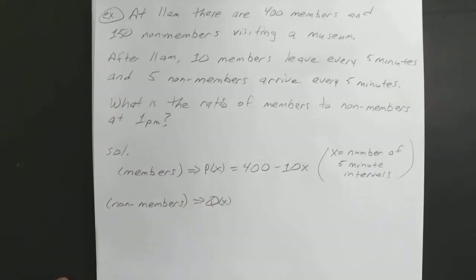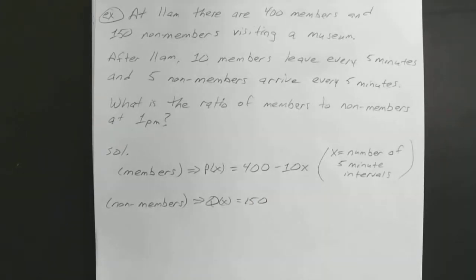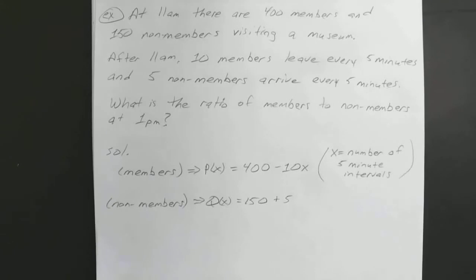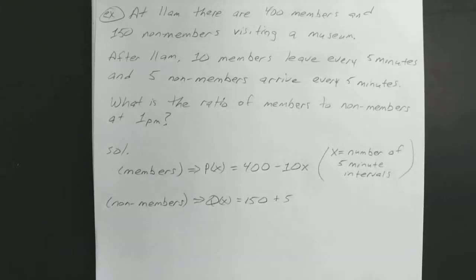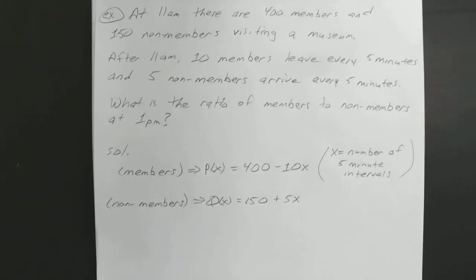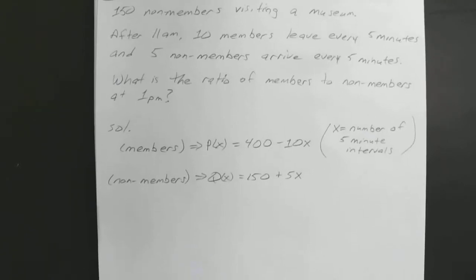Okay, you know, at 11 o'clock, there were 150. Okay, but we know every 5 minutes, 5 more arrived. So that's going to be after 5 minutes, 5 arrive. After 5 more minutes, 5 more arrive, and it keeps on going. Okay, so we have our P and Q, our numerator and denominator.